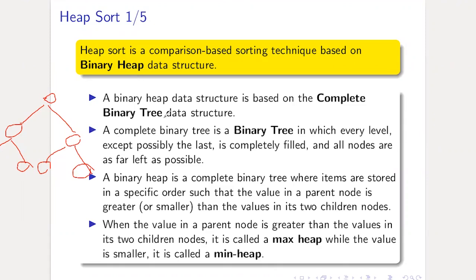So from a binary tree, you get a complete binary tree, and then this complete binary tree becomes a binary heap, which is what we are looking to create, when the items are ordered in a specific manner. What is this specific manner? The value in a parent.